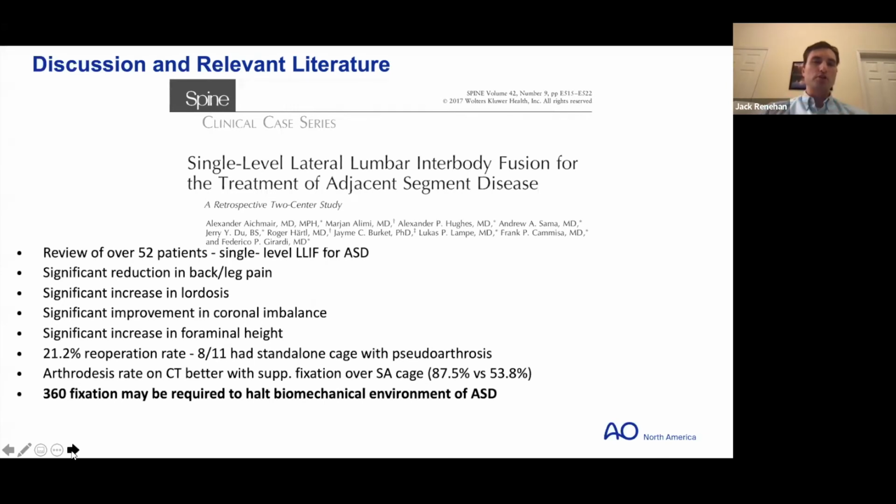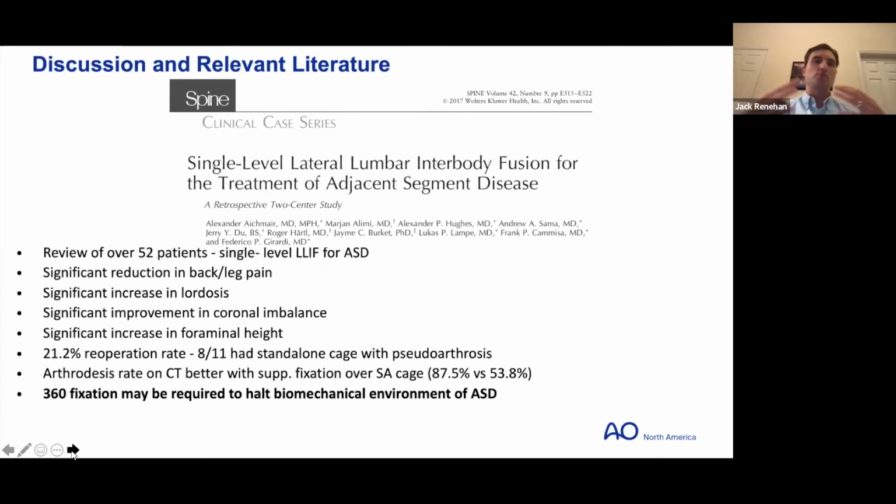So their conclusion based off of this was, while it seems that lateral interbody fusion is a successful and reliable way to treat adjacent segment disease, you have to be careful in that the biologic environment is not amenable to successful radiographic fusion. So only 50% of standalone cages achieved radiographic fusion on CT.